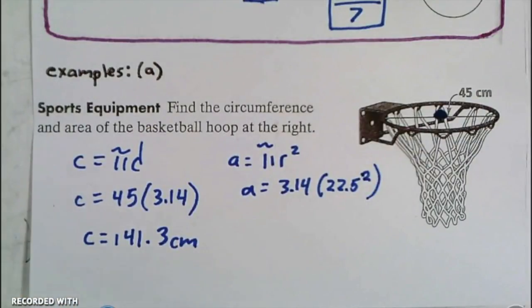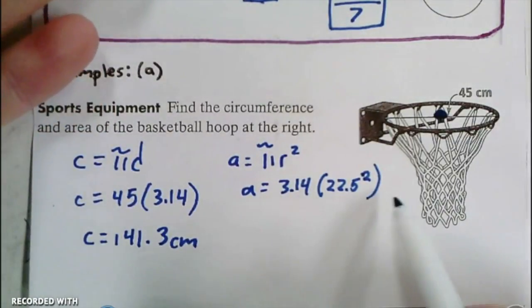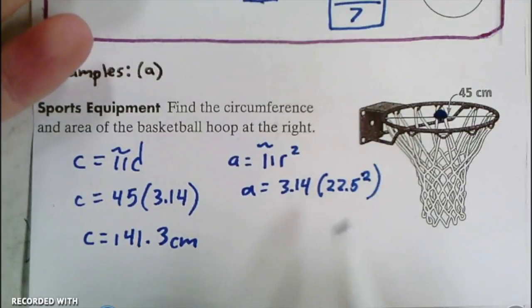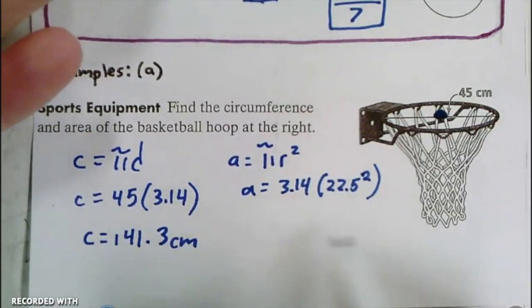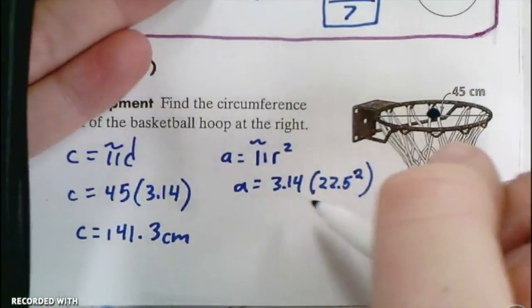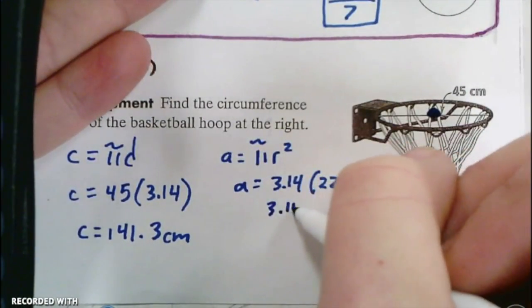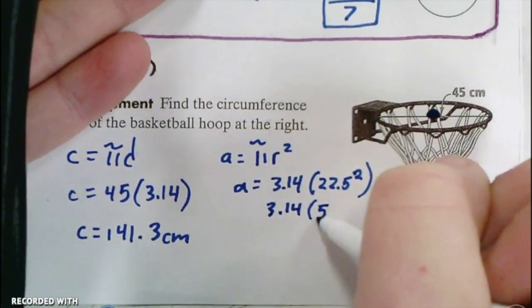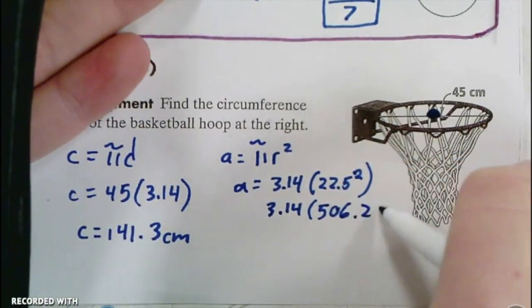So what do I need to do first? I need to do 22.5 times 22.5. If I'm using my calculator, I have to make sure I hit equals there, because if I do that and then I multiply, and I go to the next step, sometimes students get really mixed up there. So make sure 22.5 times 22.5, and now I have 3.14 times 506.25.